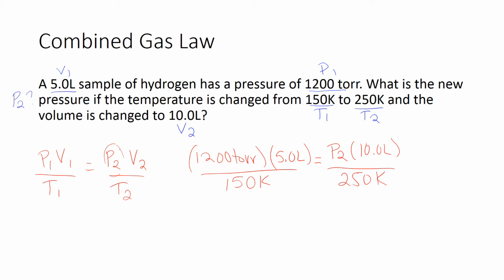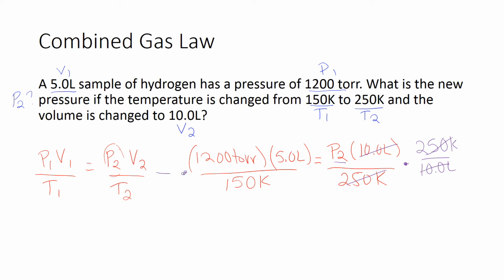So now my task is to get P2 by itself and my other numbers on the other side so I can solve the problem. To get P2 by itself, I am going to multiply this side by the inverse, so 250 K over 10.0 liters. This way 250 K cancels and my liters cancel. Whatever I do to the right side, I have to do to the left side.